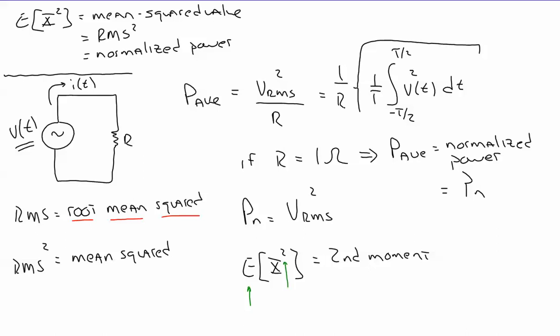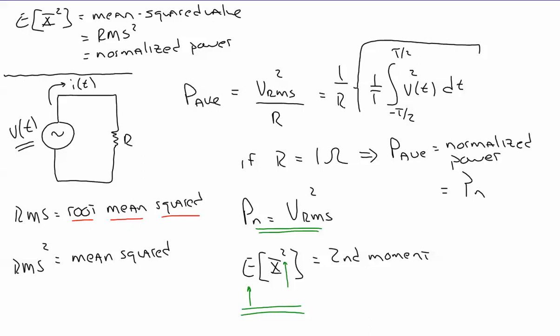And you'll notice that down here, I'm not dividing by resistance. Sometimes my random variable x is maybe a voltage signal or a current signal.